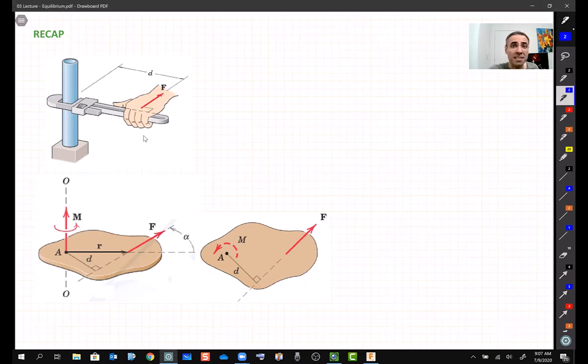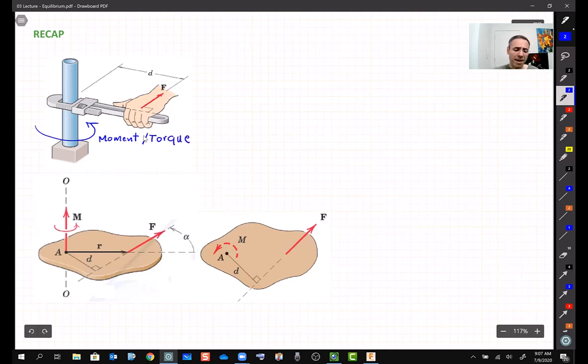That turning action, like here, when this guy applies the force to this wrench, it wants to rotate this pipe, basically. So this turning action, we call it a moment, right? And we show it by M. Also, another common name is torque, right? Moment or torque.